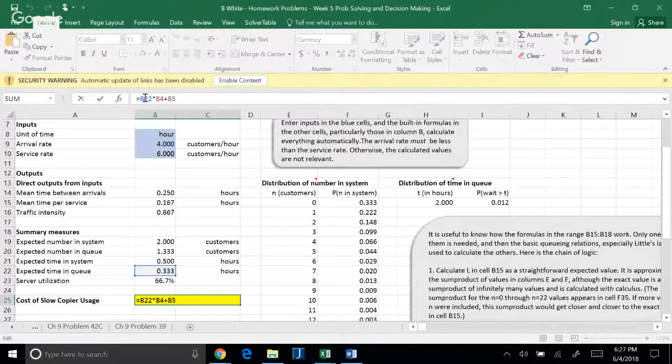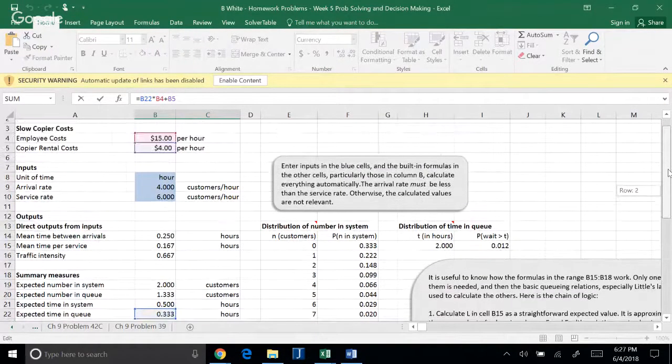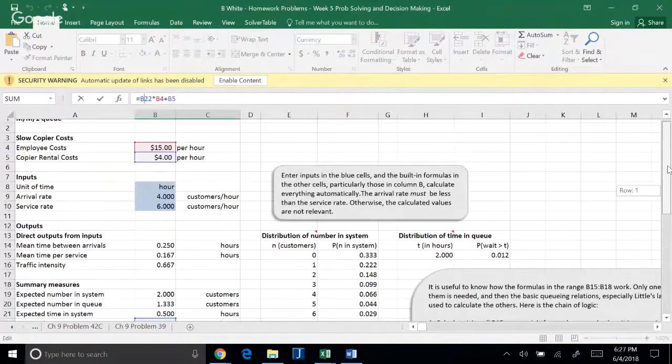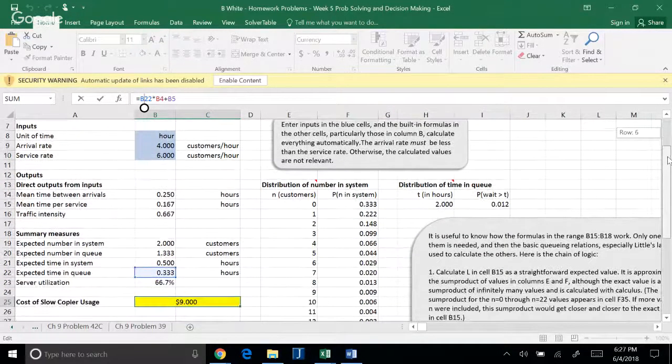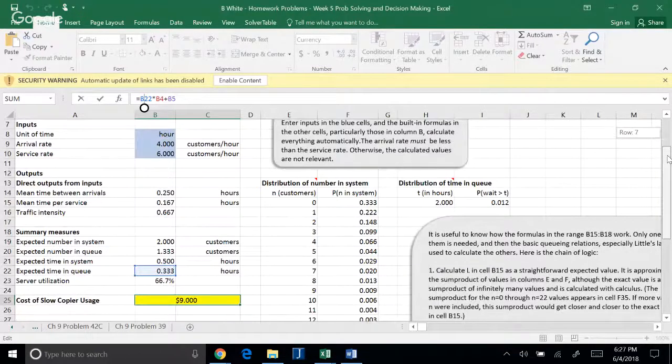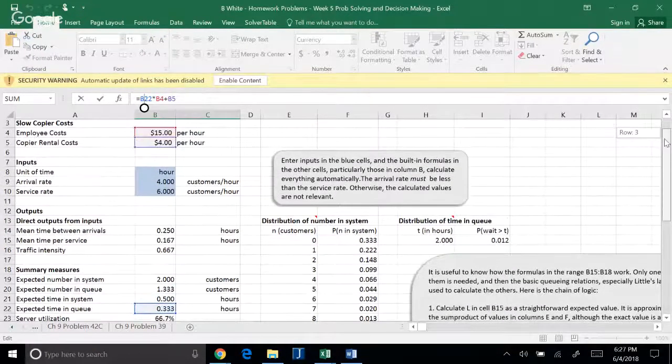So what she did is take the expected time in queue and multiply that by the employee cost per hour plus the copier rental costs. Here is one issue with that.